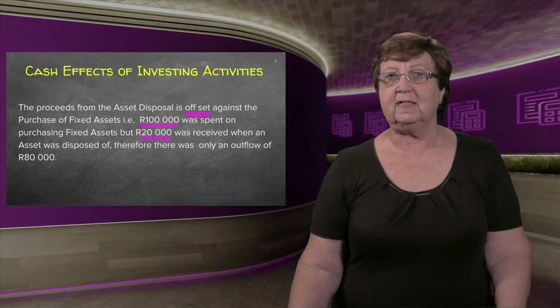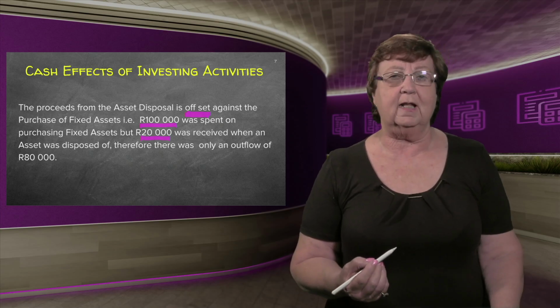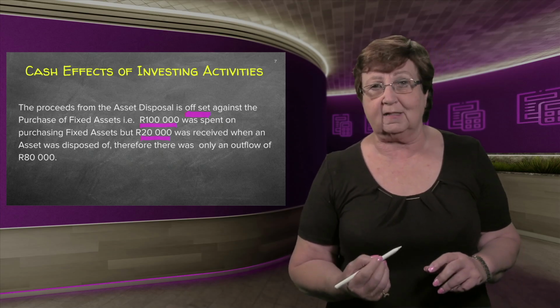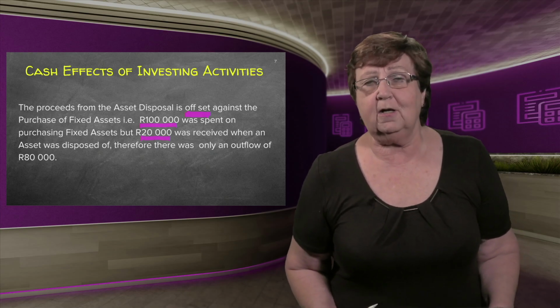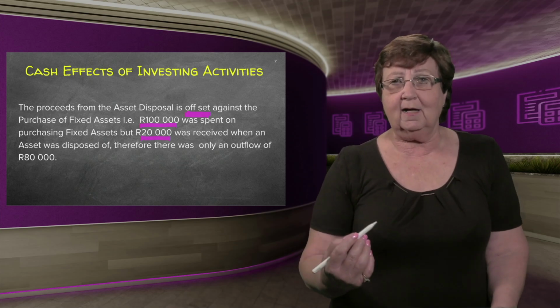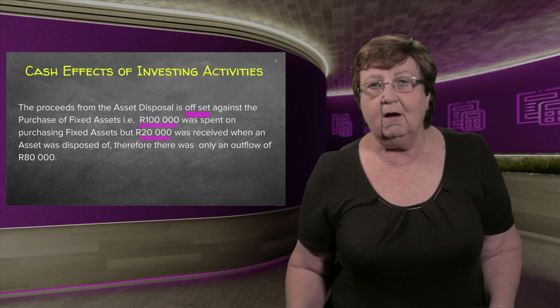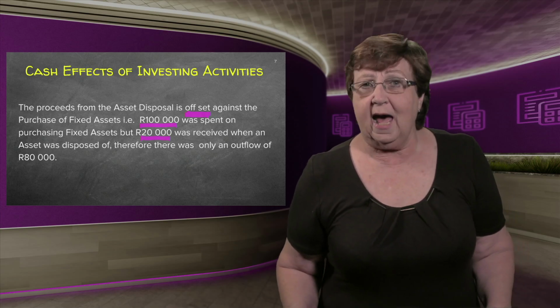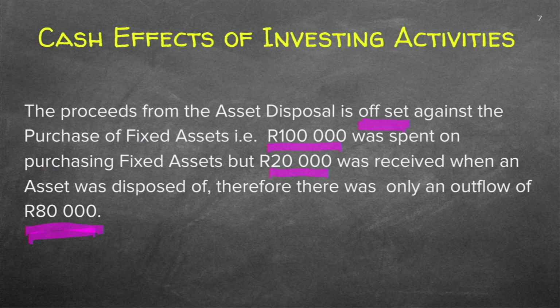So offset means the money I have received from my asset disposal, I am going to subtract from the actual money I spent. So in this particular example, if I spent 100,000 Rand, but 20,000 Rand came back in from asset disposal, we actually only spent 80,000. And so the outflow of money in this particular instance would only be 80,000 Rand.